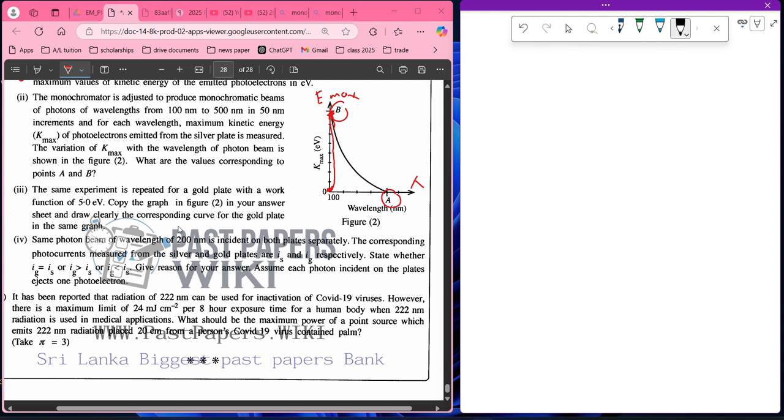Part 2 is also concluded. Now 3. The same experiment is repeated for a gold plate with a work function of 5 electron volt. Copy the graph in figure 2 into your answer sheet and draw clearly the corresponding curve for the gold plate in the same graph. So in this case, just substitute.